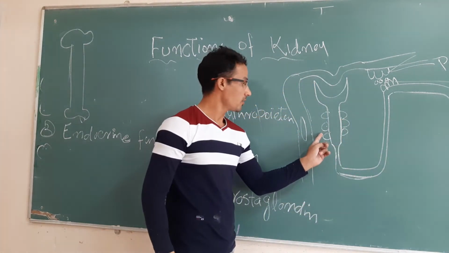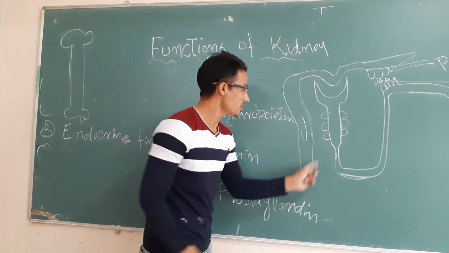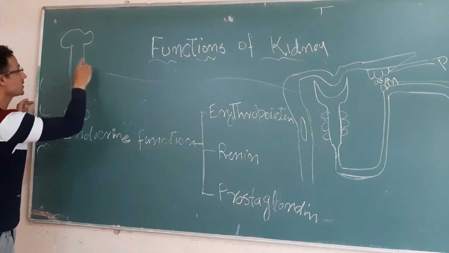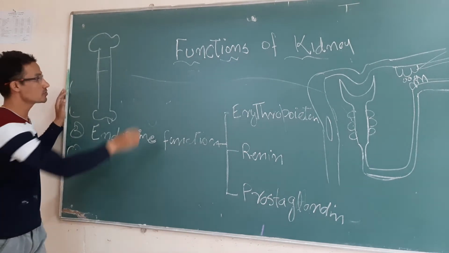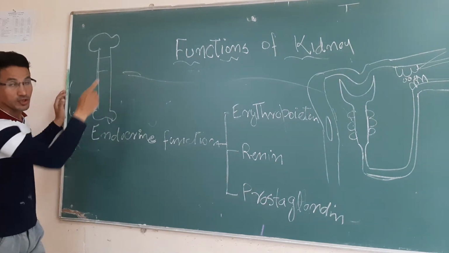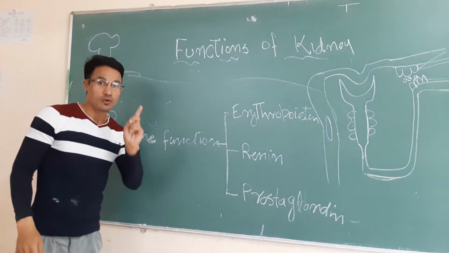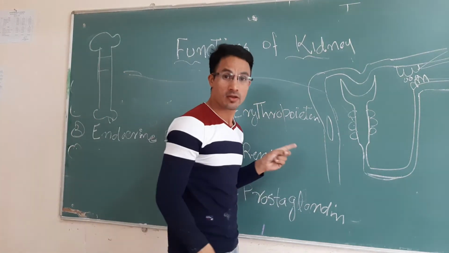When the erythropoietin is secreted or synthesized, it goes to the bone marrow. Here is the bone. The bone marrow is where this hormone helps the formation of the RBCs. If anyone asks you how the RBC is formed, the RBC is formed because of the erythropoietin.